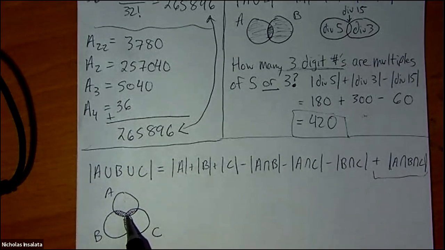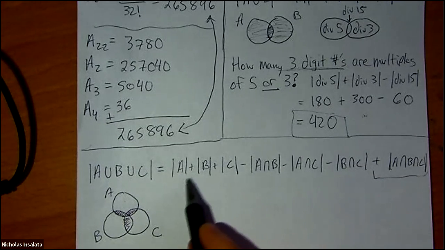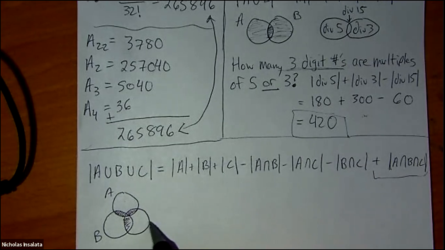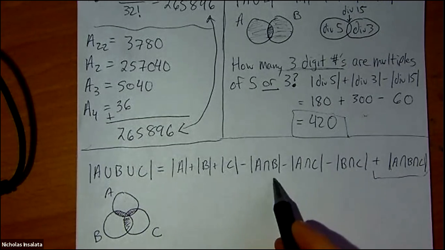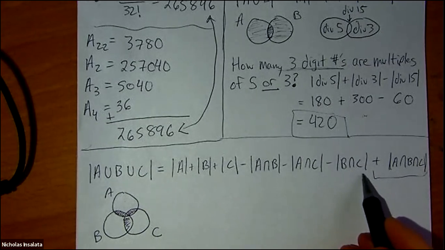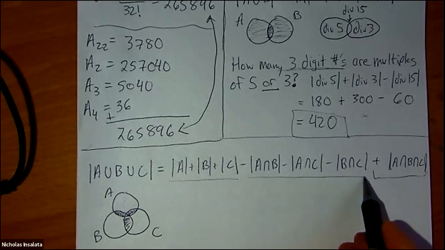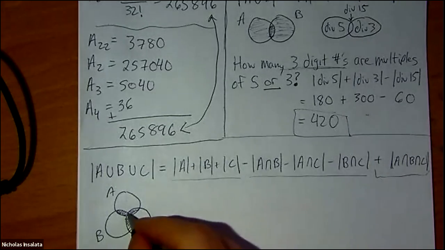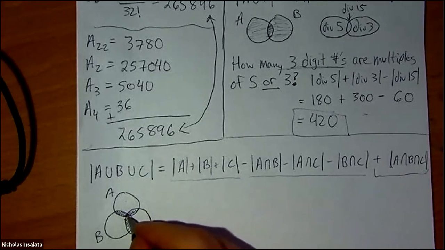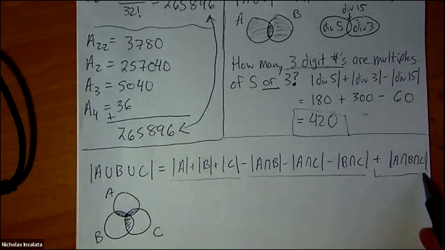This guy in the middle gets triple counted. So it gets counted once for A, once for B, and once for C, right? But when we subtract these guys off, it gets triple subtracted. So here it gets triple added, here it gets triple subtracted. So at the end of the day, this center region is not included at all. So we add it back in one time. Yeah? What do you guys think? People happy with that?